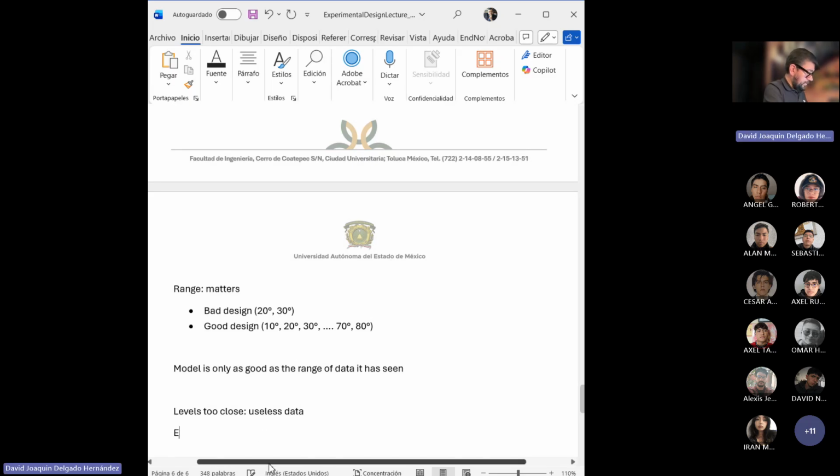For example, if you have 20 degrees, 21 degrees, 22 degrees, there is practically no variation because they are very close together.